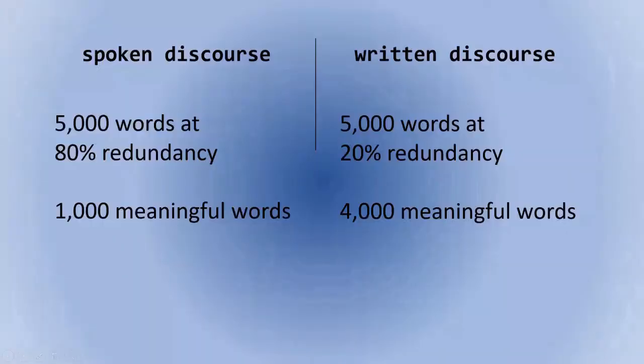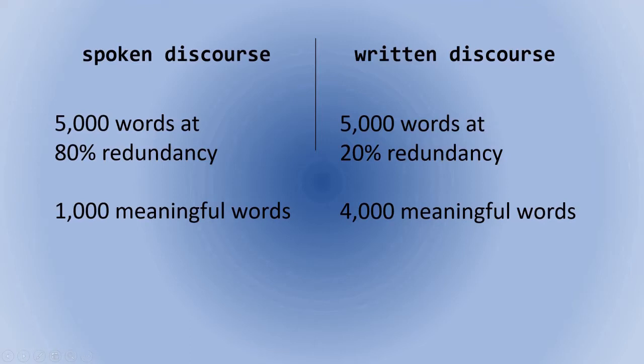So they've got 20% redundancy, that's all right. And I'll tell you why it's all right. You can see why. Because they have 4,000 meaningful words and only 1,000 words of redundancy of blah, blah, blah, whatever.